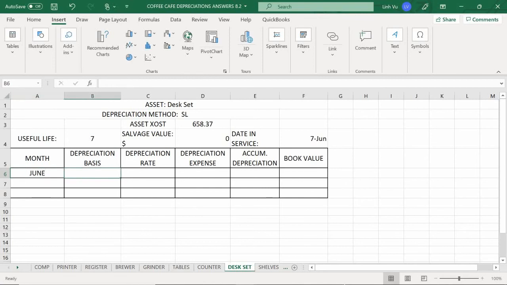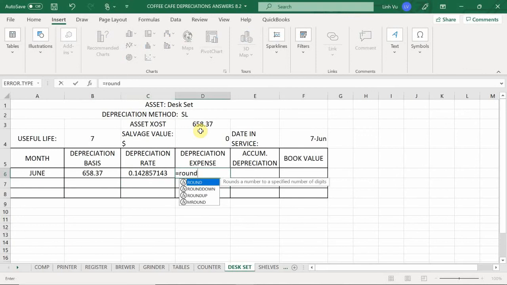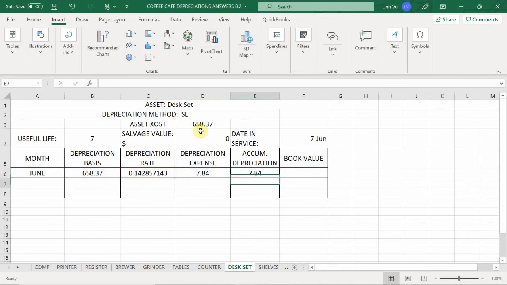We have the same rate, 0.142857. 658.37 times 0.142857 equals 94, divided by 12 is 7.84. So 658.37 minus 7.84 is 650.53. Good.